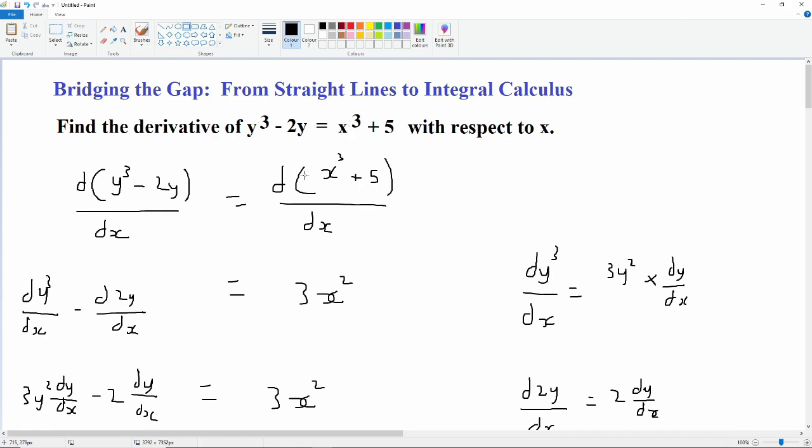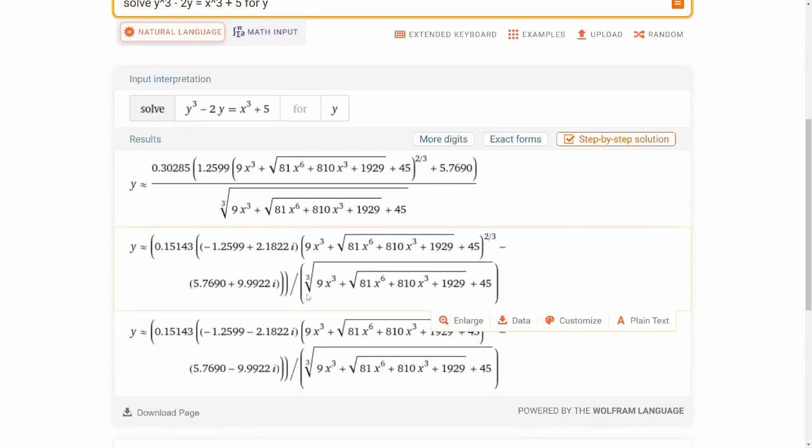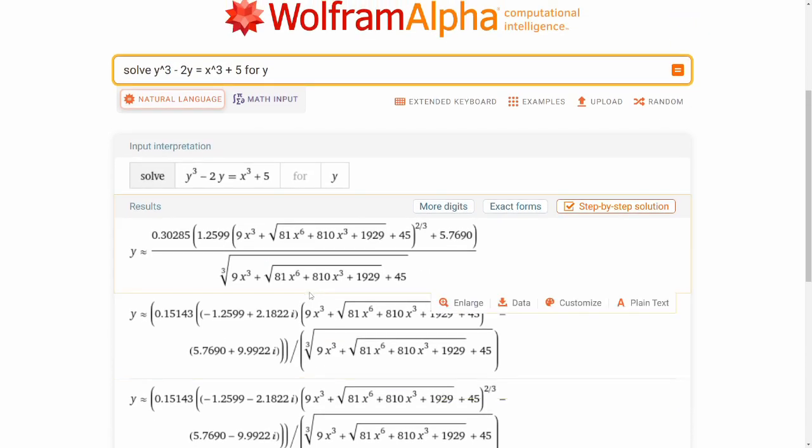If we'd have tried to do that explicitly, we would have had just the most unbelievable of messes. In fact, let me just quickly show you something. If we had tried to solve for y, just look at the mess we would have had to deal with. Yeah, I wouldn't want to even handle that.